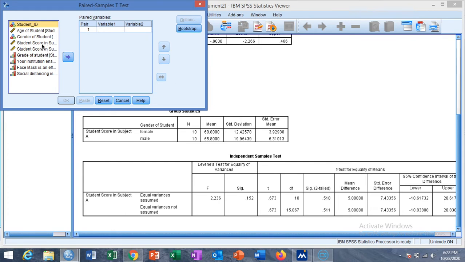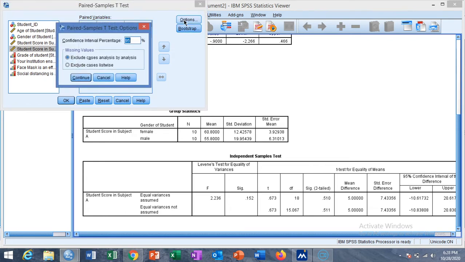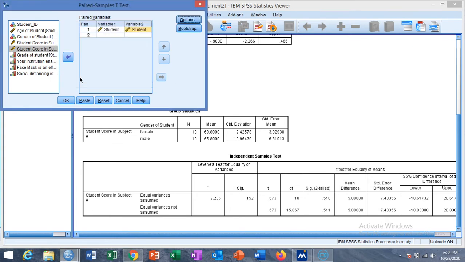We take the student score in subject A as the before-experiment value, and score in subject B is taken as the after-experiment value. And then go to the option to see if there are missing values in the data, and then continue, and then click on OK.